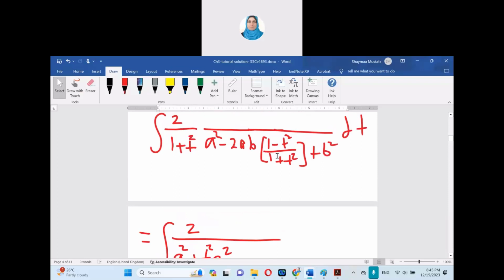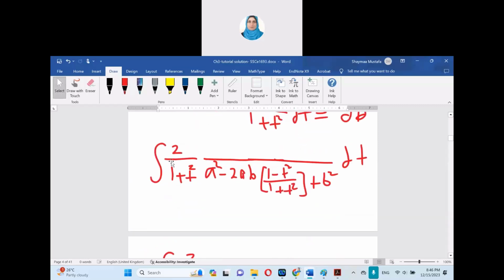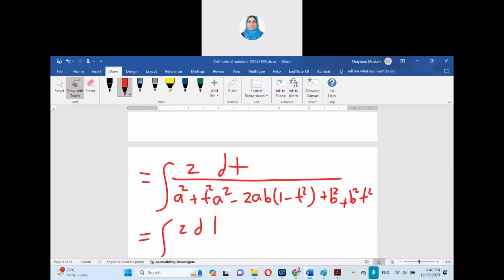Minus 2ab, 1 plus t square will be cancelled with 1 plus t square, so minus 2ab times 1 minus t square, plus b square times 1 plus t square is b square plus b square t square, dt. So the integration is 2 dt.